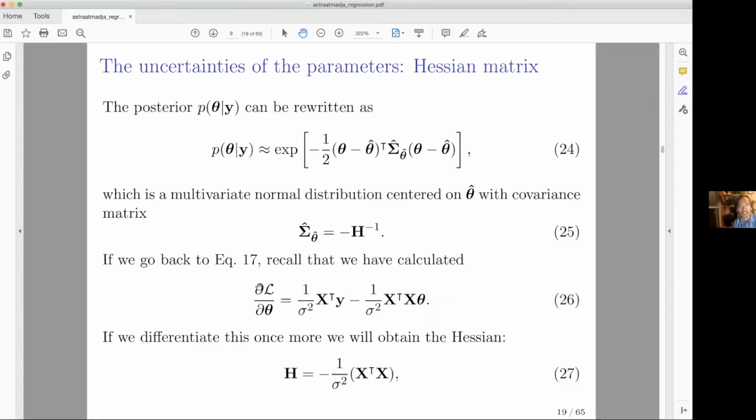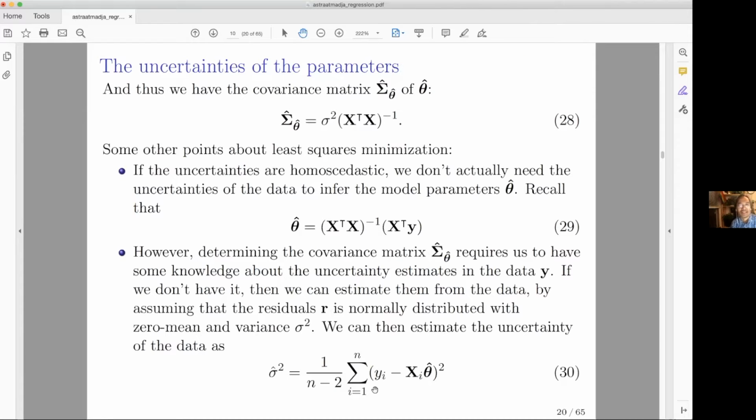If we differentiate it once more, we get the Hessian, and this is the form. That's the covariance matrix for our estimation of the parameters. So yeah, let's discuss this a little bit.